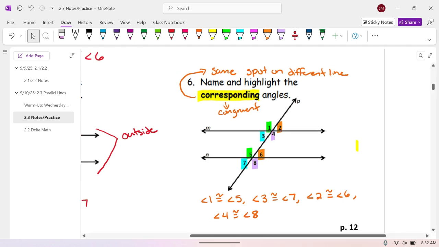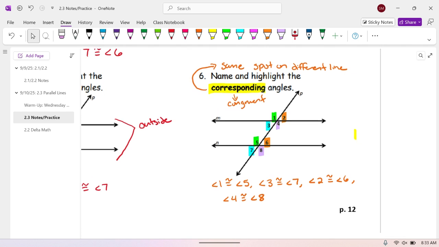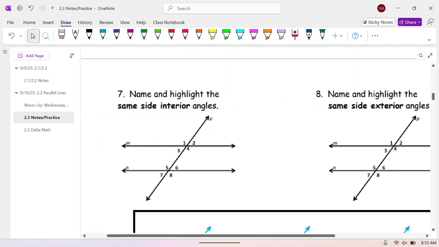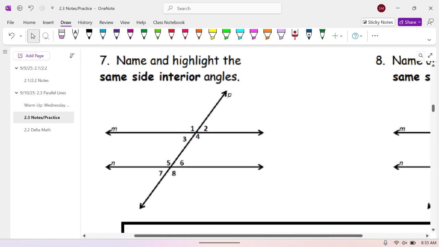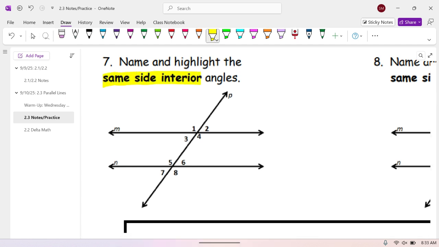Now let's get to the ones that are actually supplementary. There's not many. There's only 2, actually. Well, technically 3. So, name and highlight the same side interior angles. We already know interior means inside.